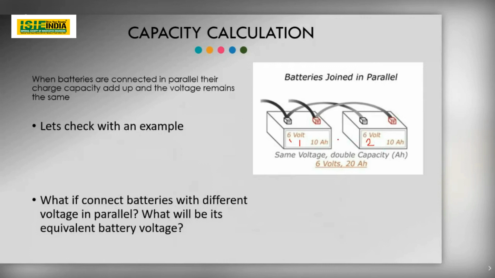Two similar batteries are connected in parallel. You can see the positive terminal of battery 1 is connected to the positive terminal of battery 2, while the negative terminal of battery 1 is connected to the negative terminal of battery 2, and both outputs are taken from a single battery.